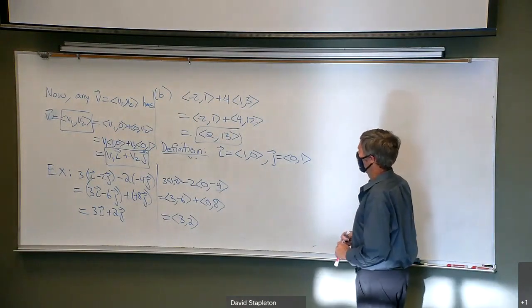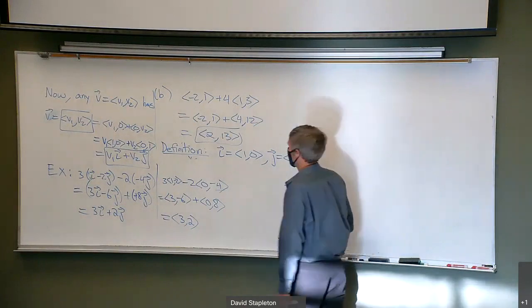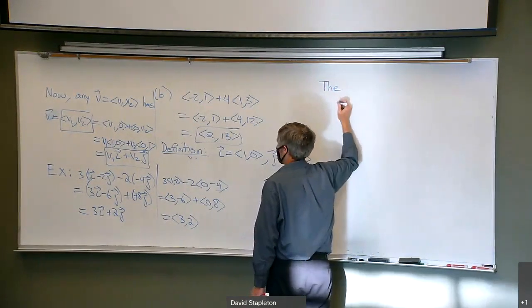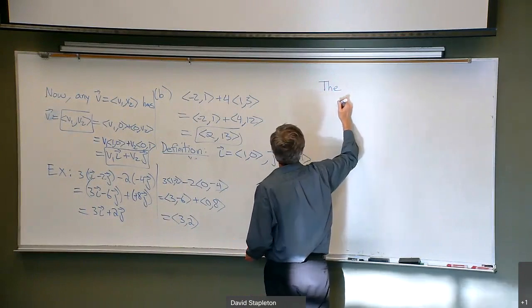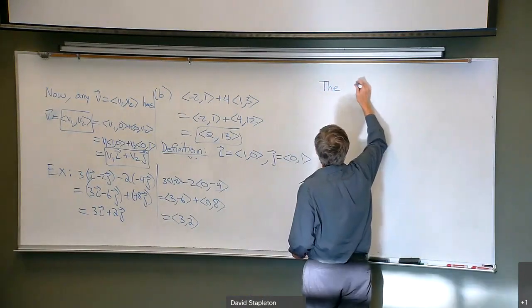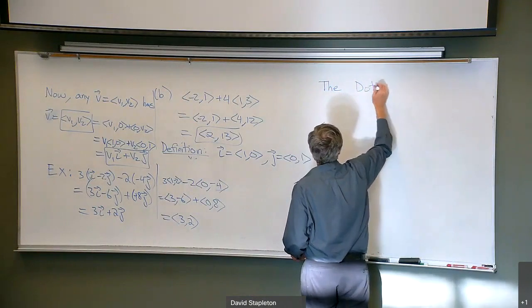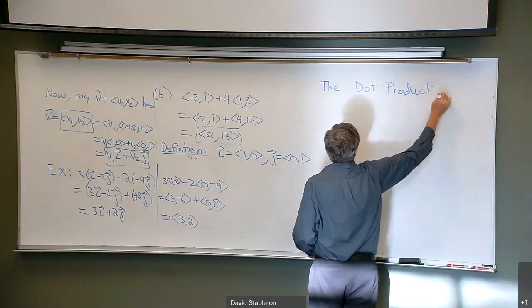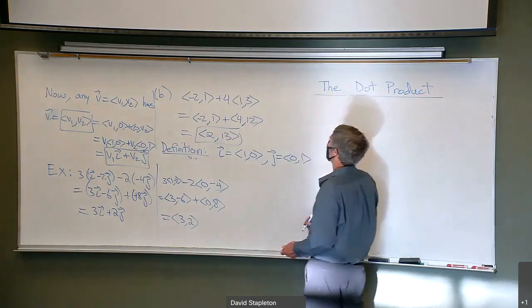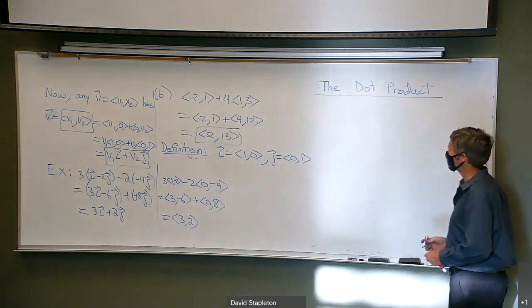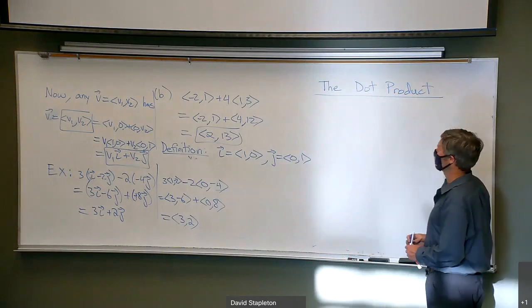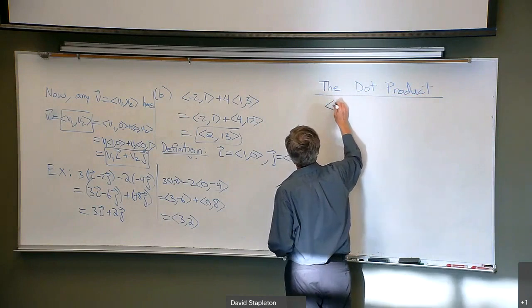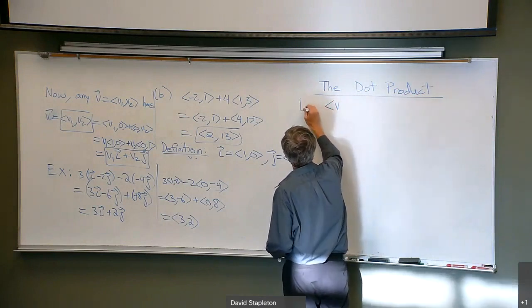Now what we can do is introduce a product of vectors, right? We have addition and subtraction of vectors and multiplication by a number, but there's a vector product known as the dot product, and there's one more coming up too called the cross product, but that'll only be in 3 dimensions. So the dot product of two vectors in a plane has this definition.